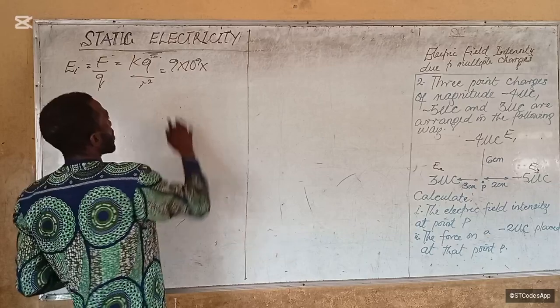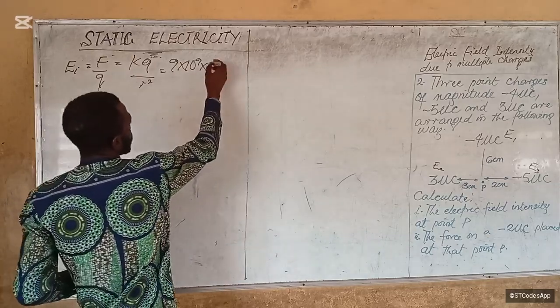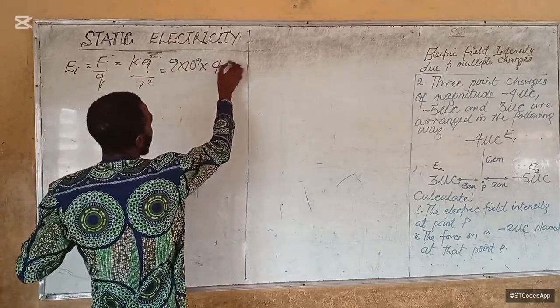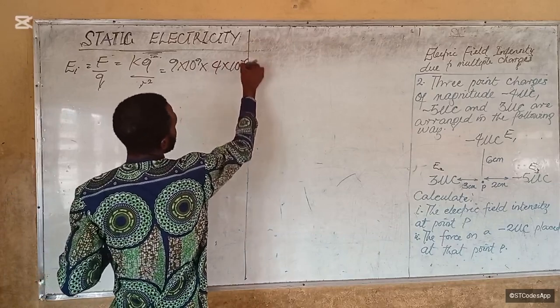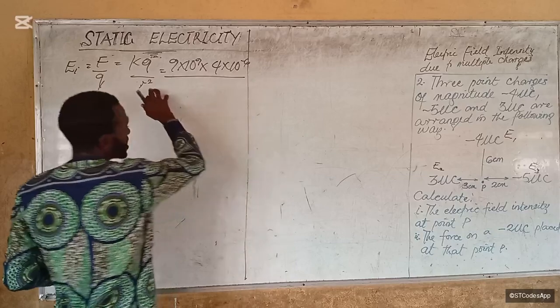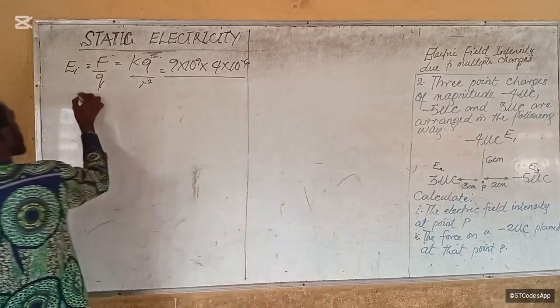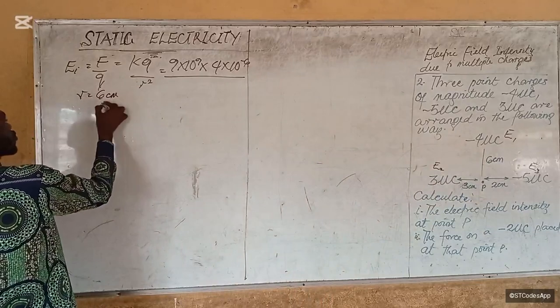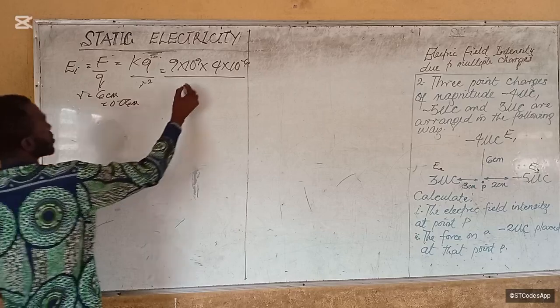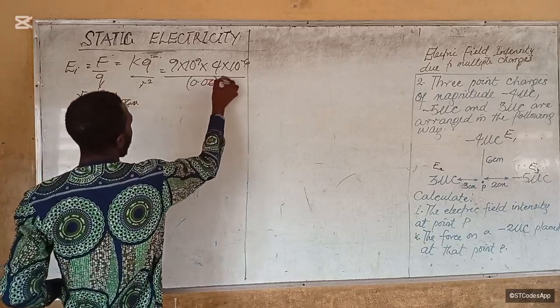So we have 9 times 10 to the power 9, times the charge, which is 4 times 10 to the power minus 6 because it's micro, over the distance away from point P, which is 6 centimeters. So R is 6 centimeters, which will be 0.06 meters. So that will be 0.06 all squared.